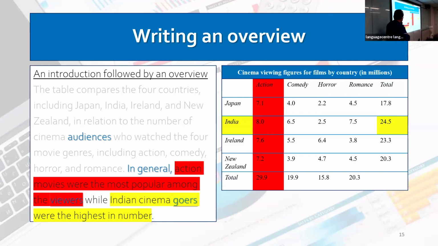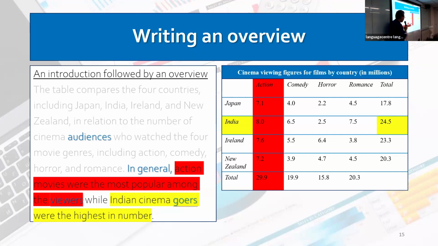Okay, in general, action movies were the most popular among the viewers. This is one of the key features that I can observe from the table. I'm using the red color here because this part corresponds to this part of the table here. I can see that action movies are the most popular among the four types.